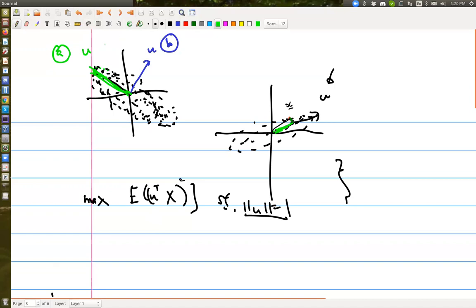It can be any axis. For example, I can project all these points along this one, and the projection will be somewhere here. If I compute the variance of the projection, the variance will be just that big. But on the other hand, if I project onto this direction, the variance will be this big. So this is more preferable.